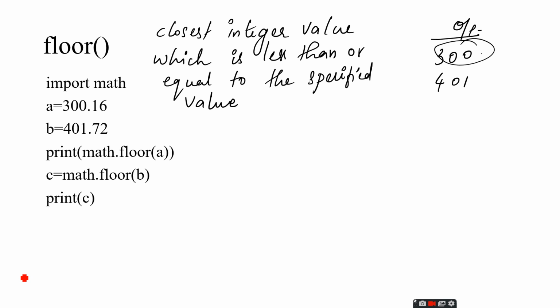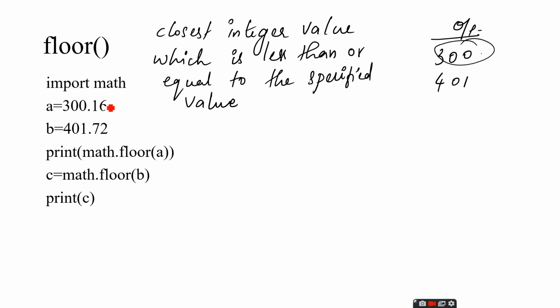Next is the floor function. The floor function will give the closest integer value which is less than or equal to the specified value. So here a points to 300.16.